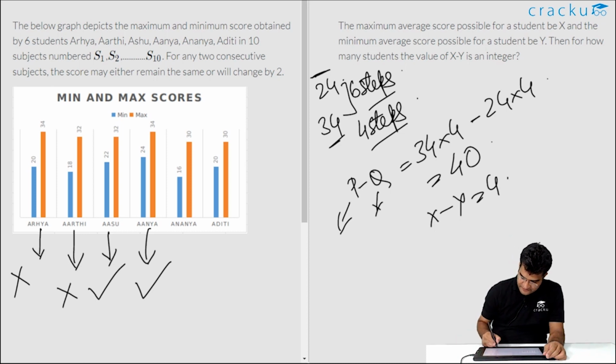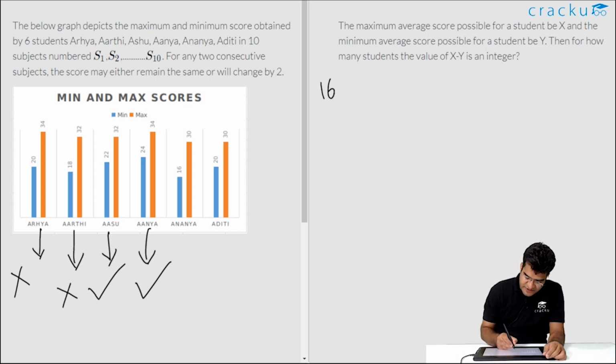Now, if you are looking at the next one, she scores a minimum of 16 and a maximum of 30. So, the difference is 14. So, the number of steps that it takes to reach from the minimum to maximum is 8 steps. Therefore, there are 2 steps which are in reserve.